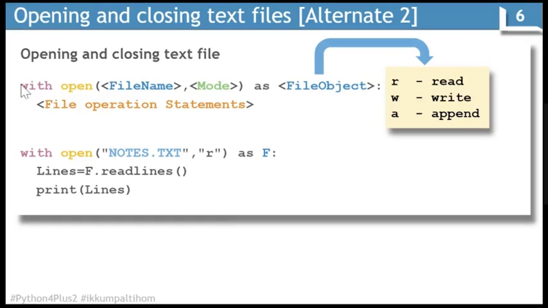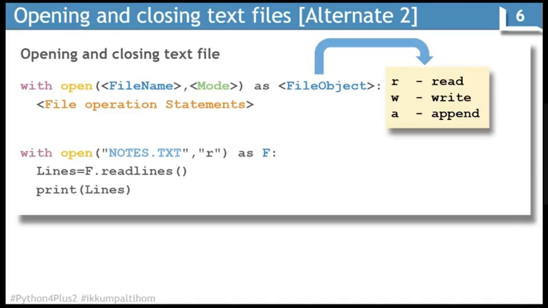As soon as you use the with command, you have to put a colon at the end, and in the indented area under with, you specify the file operation. The best thing about opening and closing the file this way is you do not have to specify close. As soon as the indented statements get over, your file will be automatically closed.